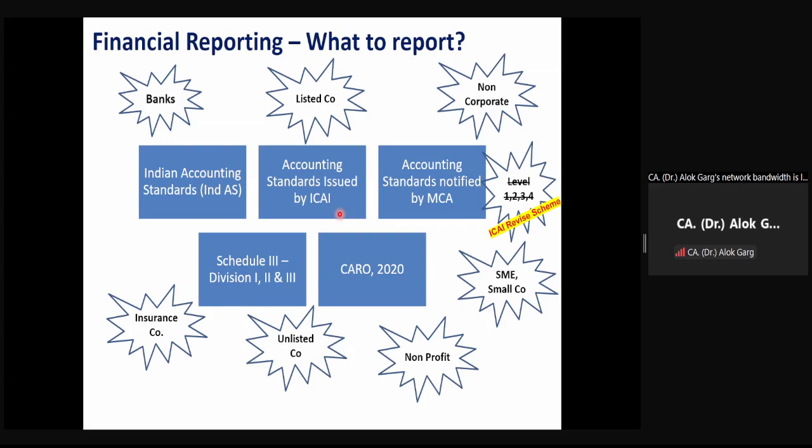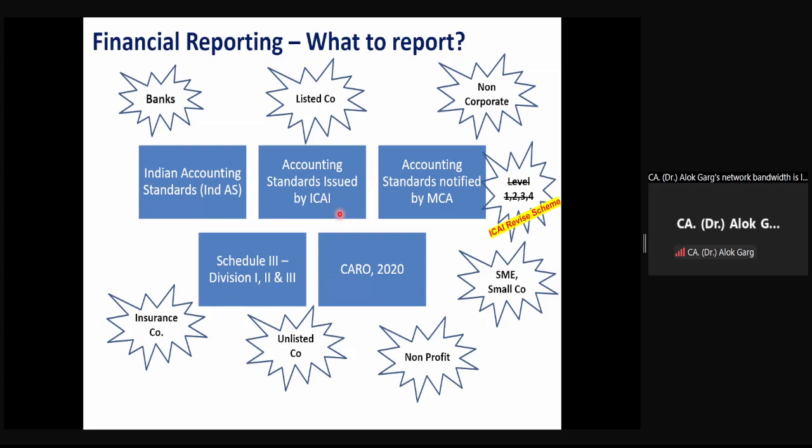Because auditors are the ones who are validating, verifying, giving the opinion, telling the stakeholders, yes, these are the right financial statements. So we have also seen that there was an NBFC company on which accounting standards are applicable, and the audited financial statement format which was applied by the company is Division 3 to Schedule 3, which is not right.